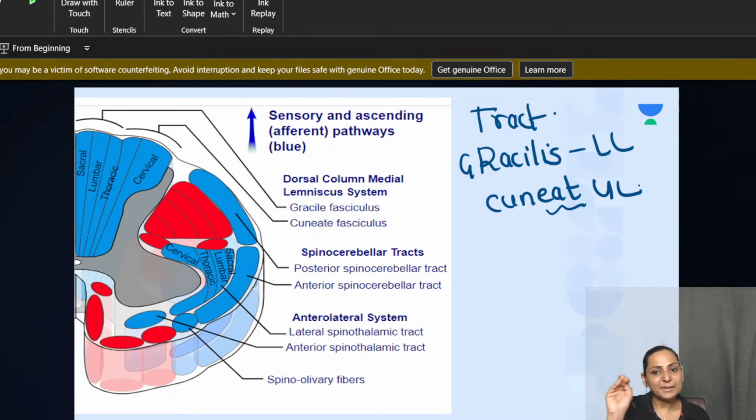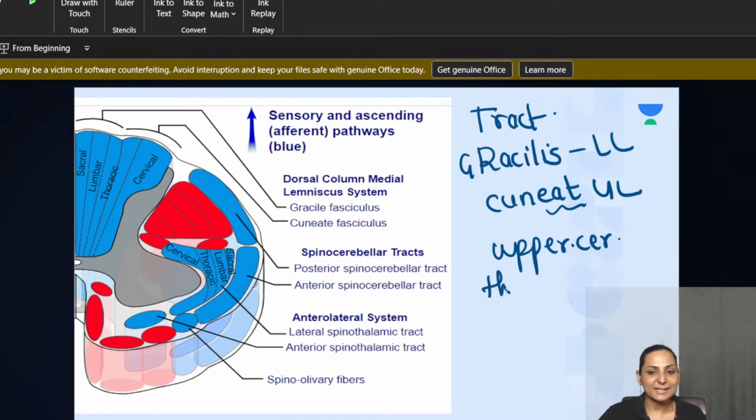So up till the mid-thoracic region, the gracilis is occupying the whole of the posterior column. But when there is appearance of the cuneatus in the upper thoracic and the cervical region, this cuneatus will push the fibers of the gracilis more medially.